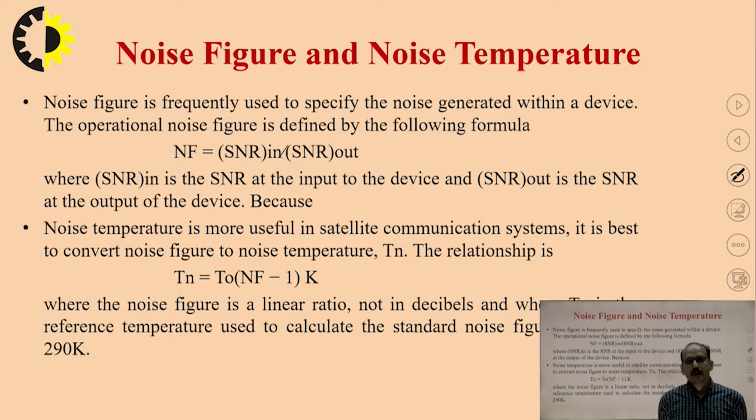One of them is thermal noise, and thermal noise comes into the picture due to the resistive component of the system. If you are using a resistance in a particular circuit, or any internal component which offers some kind of resistance to the normal propagation of the signal, then it will create noise due to the resistive component.